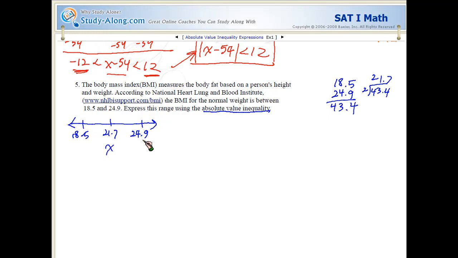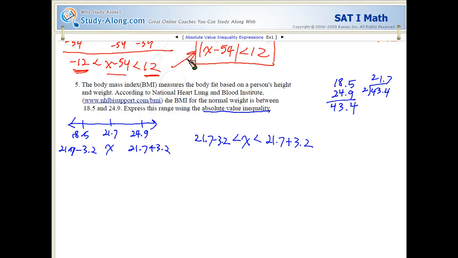Now, if this was to be x, how much more is 24.9 than 21.7? It's actually 21.7 plus 3.2. Same here. 21.7 minus 3.2. Okay, so now we can just figure it out. We can plug in this x. The highest it can go is 21.7 plus 3.2. Lowest is 21.7 minus 3.2.